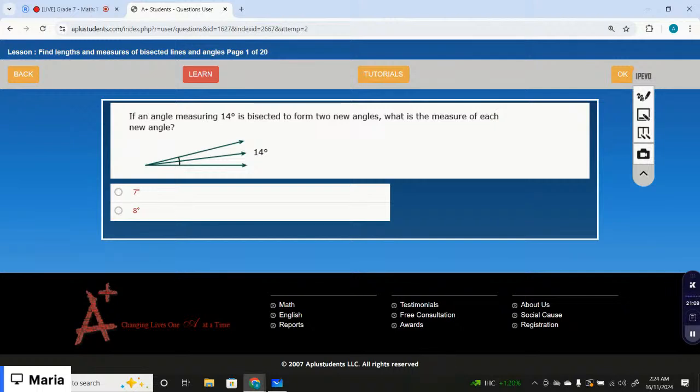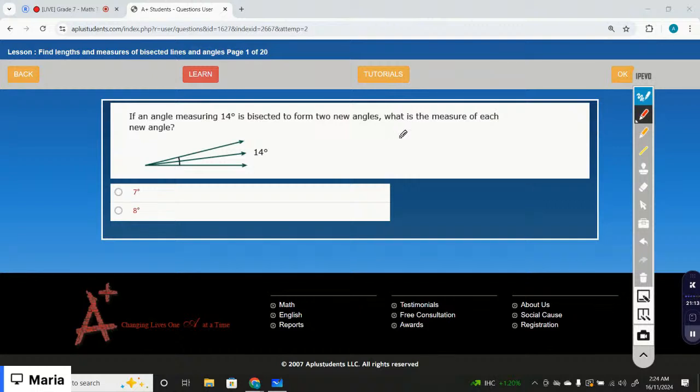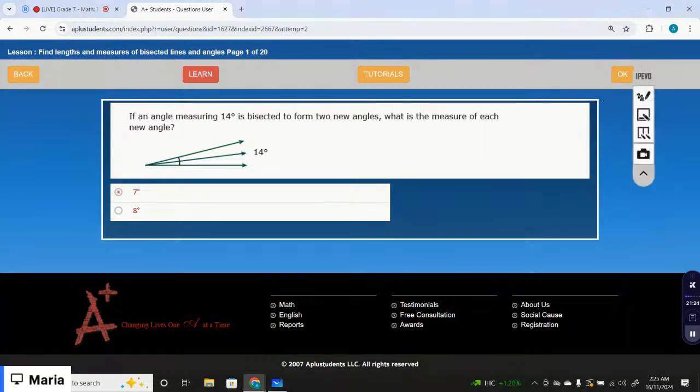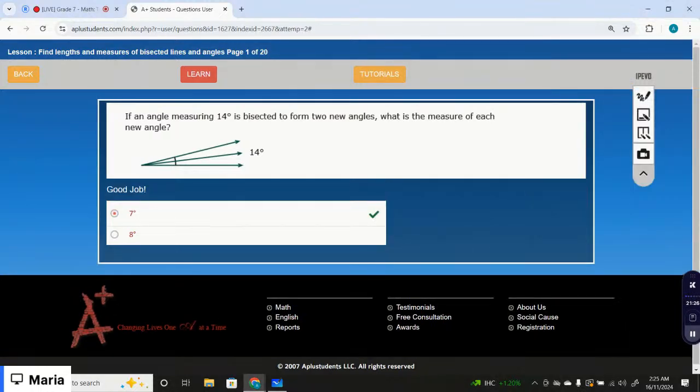So the total angle is 14 degrees, right? So the angle is divided into two equal parts. So 14 divided by 2 equals 7 degrees. So that means each new angle measures 7 degrees. The correct option is option number 1.